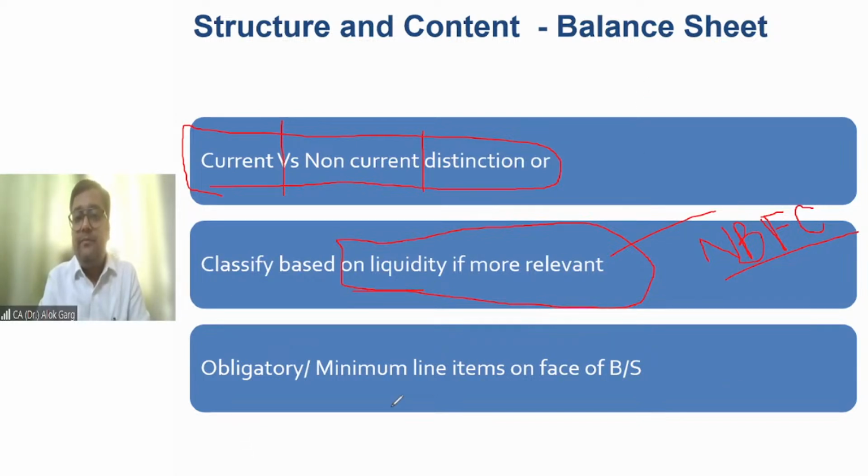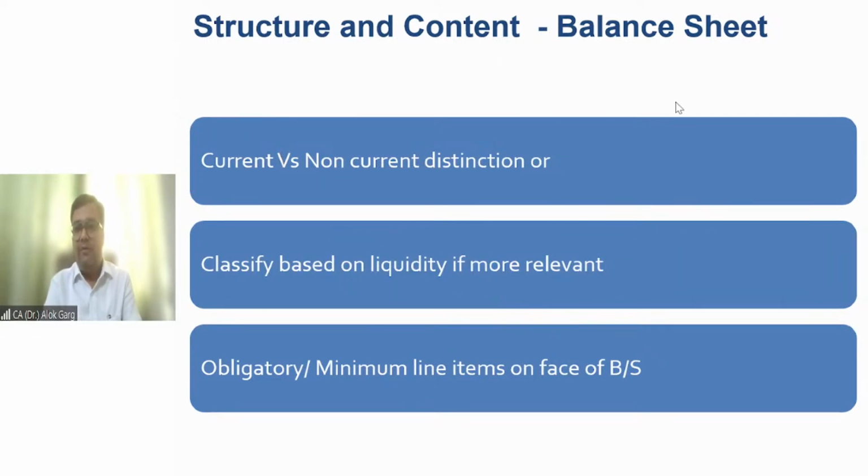Friends, this Ind AS 1, you remember when I talked about Division 2 of Schedule 3, I told you that the format of the balance sheet is given in Schedule 3, but the guidance regarding the balance sheet is also given in Ind AS 1.